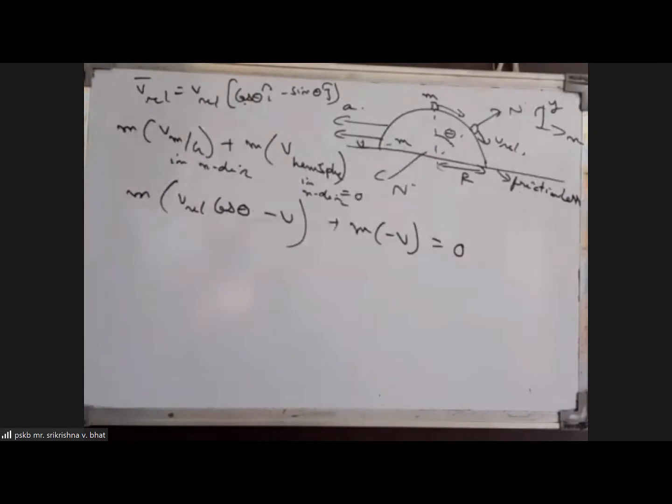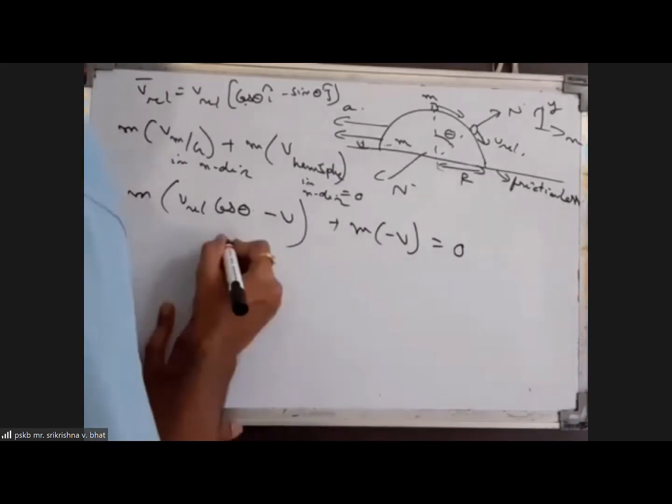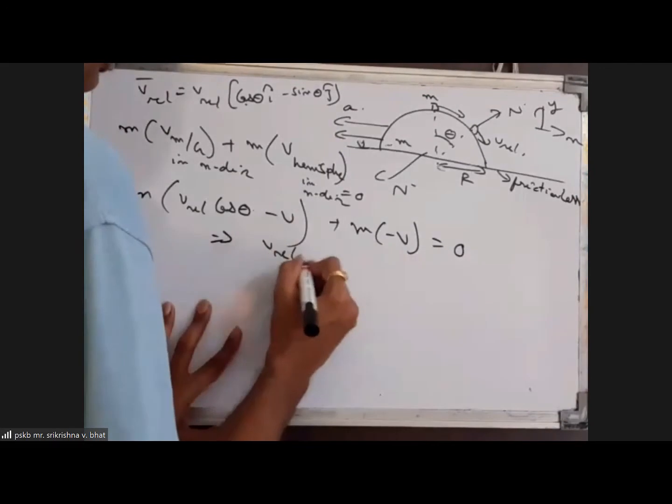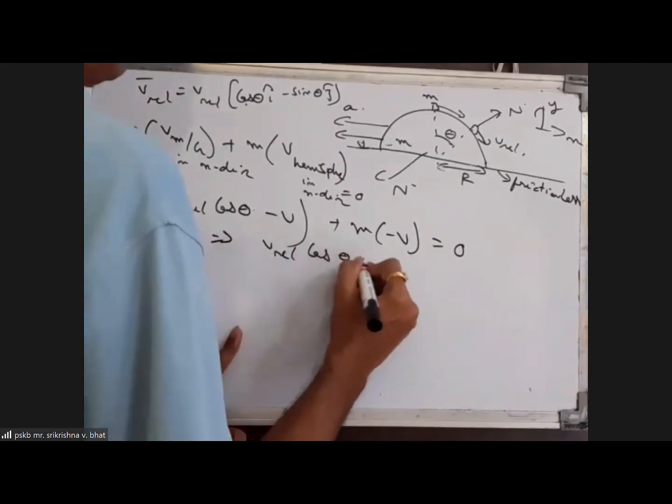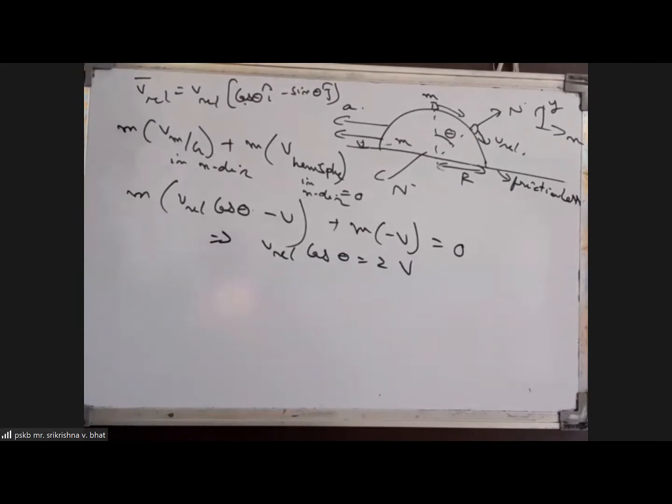Rightward has been taken as positive, and since the hemisphere has velocity v directed the other way, I'm taking it as minus. This gives a relation between v relative cos theta and the velocity of the hemisphere.